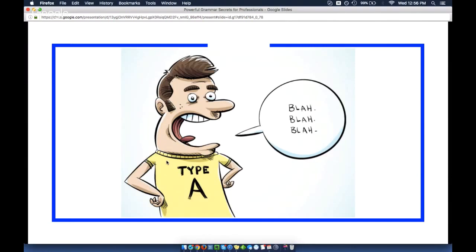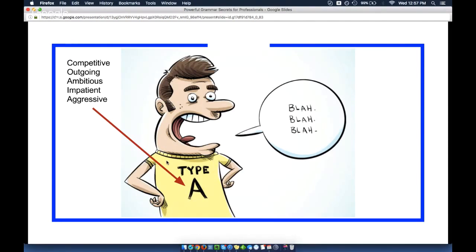In English, we talk about if someone is a type A personality. A type A personality is a personality that is competitive, outgoing, ambitious, impatient, or aggressive. So a type A personality is going to be the kind of person who will be more of a know-it-all, okay?